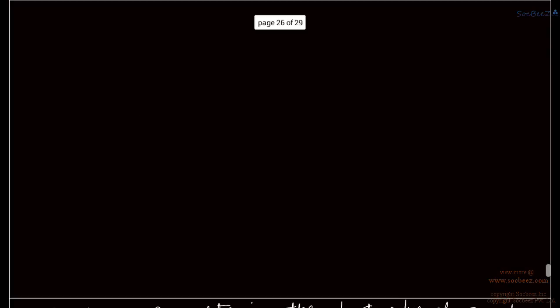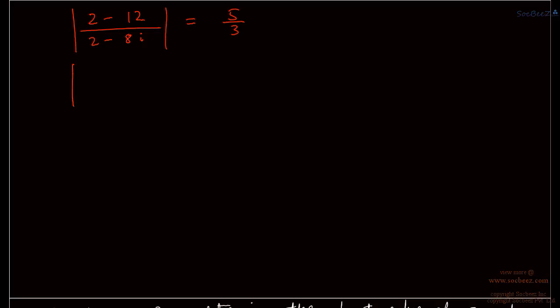Now let us put it in the first equation. So I have |(z minus 12)/(z minus 8i)| is equal to 5 by 3. Now z is nothing but 6 plus iy. I know that x is always 6. So 6 minus 12 gives me minus 6 plus iy, and I have 6 plus (y minus 8)i, right?